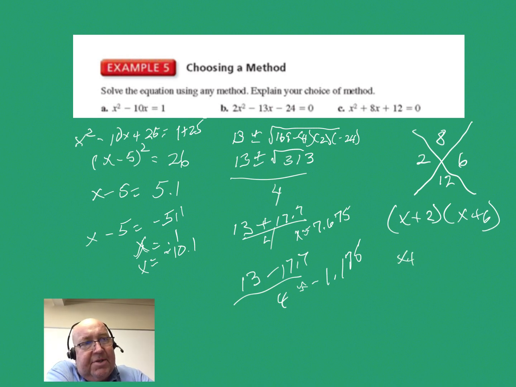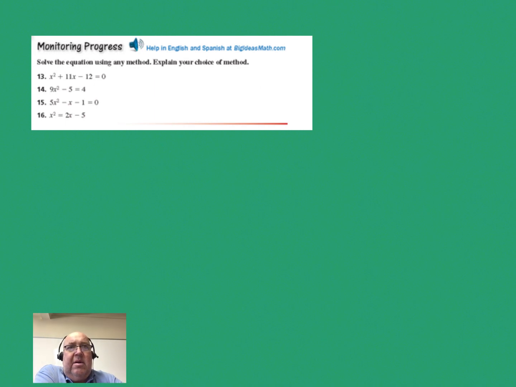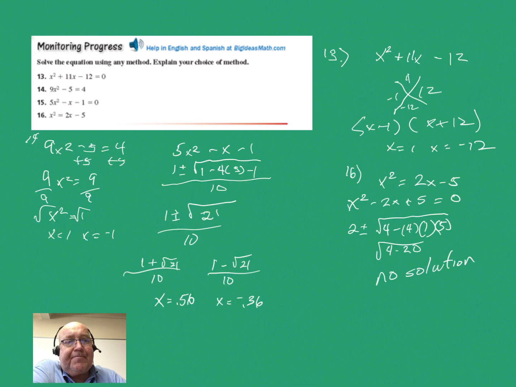We go x plus 2 equals 0, x plus 6 equals 0, and we're going to get x equals negative 2, x equals negative 6. So I'm going to go ahead and stop here and solve these and come back and talk about it.